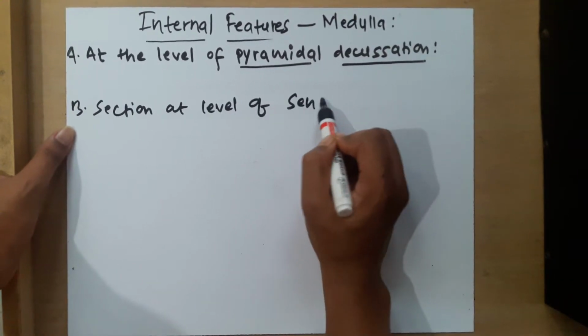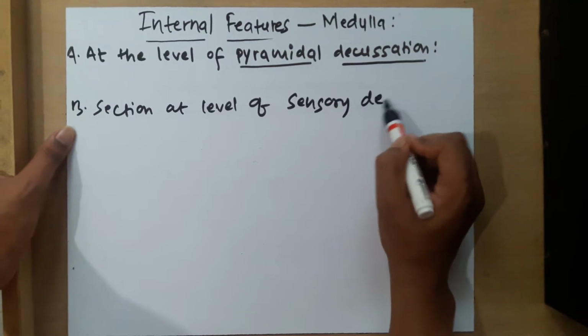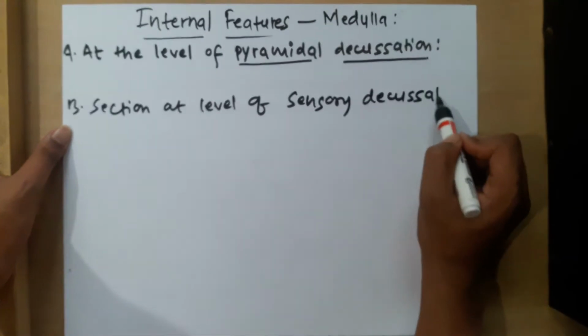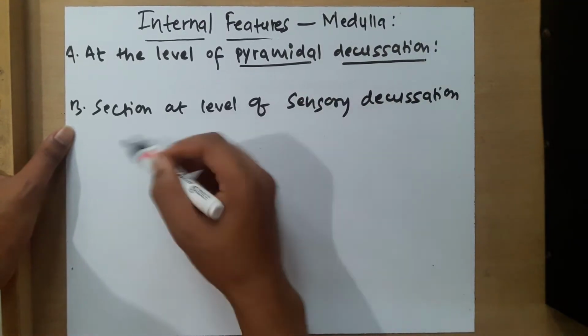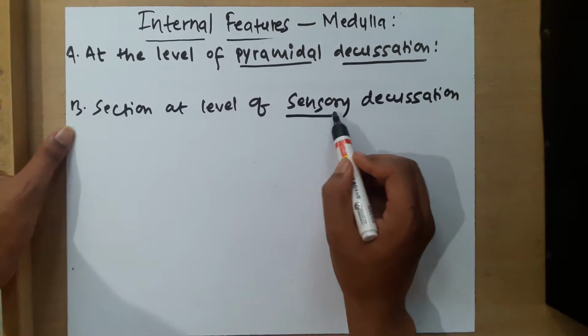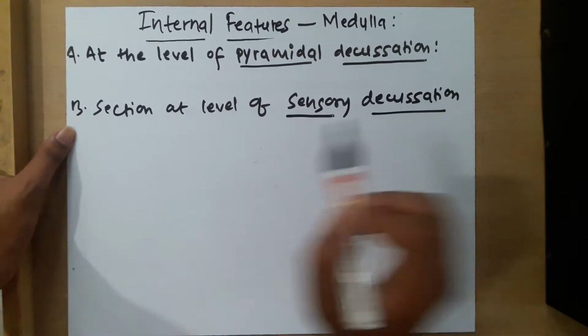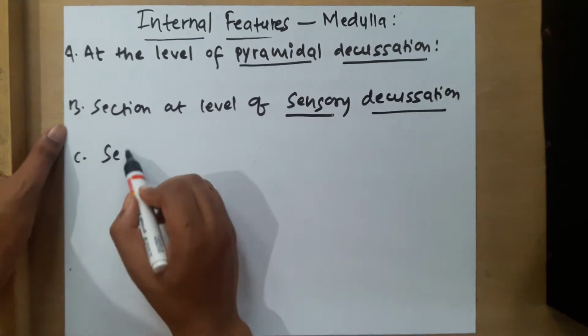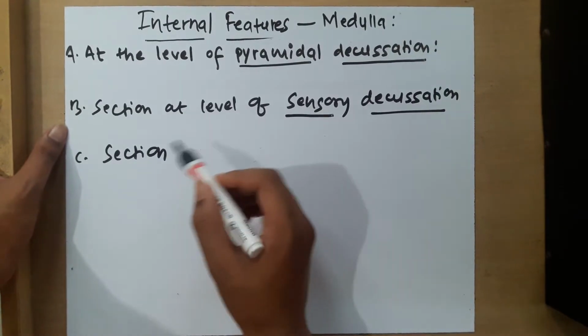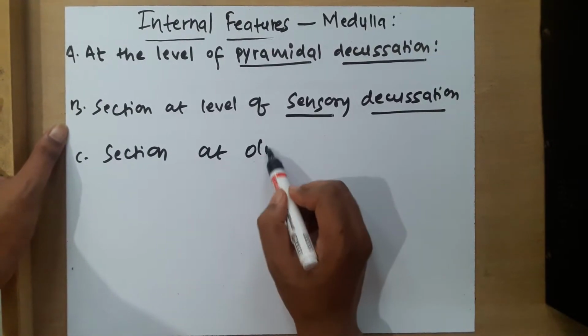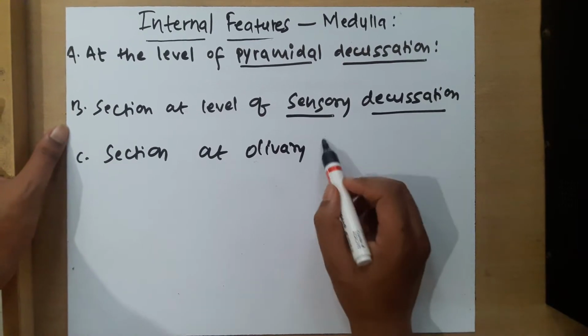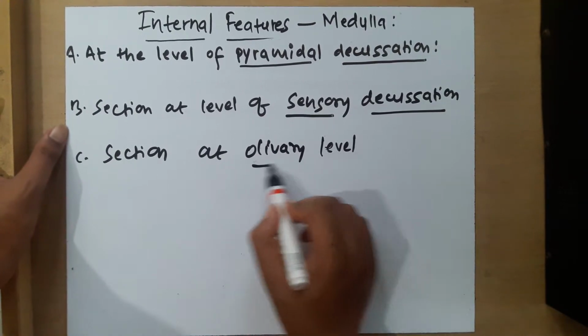The first will be at the level of pyramidal decussation. Then we'll discuss the internal features at the level of sensory decussation, and finally the section at the olivary level. Okay, at three different levels we'll discuss the internal features of the medulla.